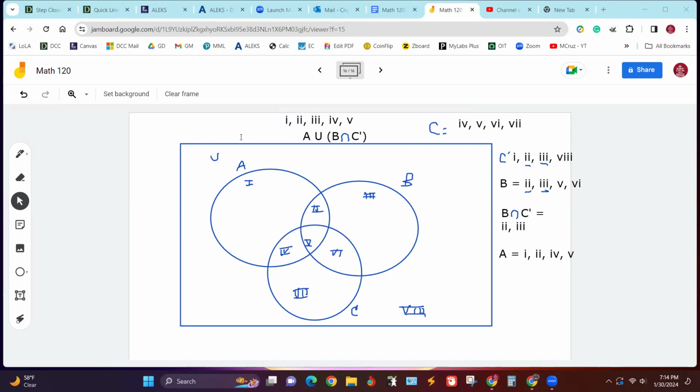All right. So now I'm ready to shade. Let's see how well I can shade here. They have a good shading tool. So I'm going to do this one. There's 2. We've got 1.